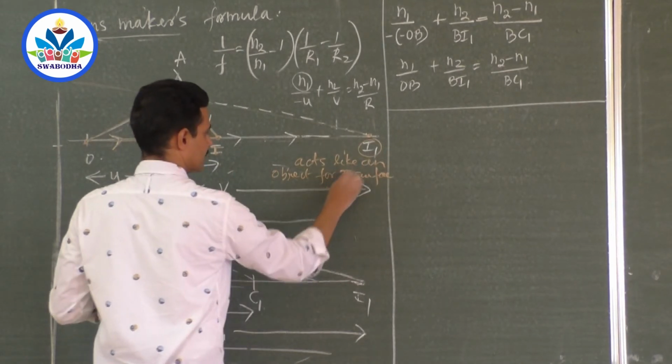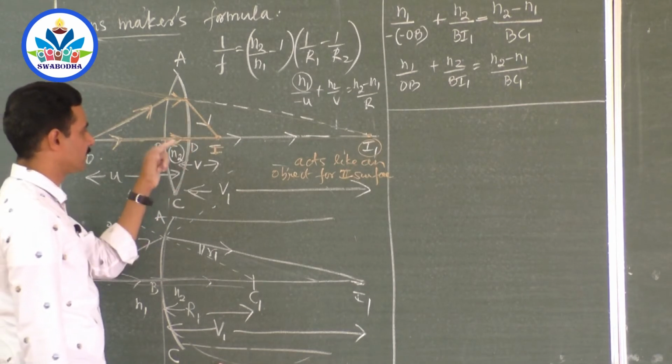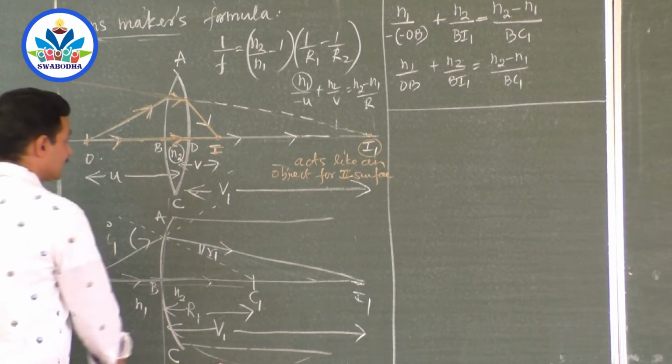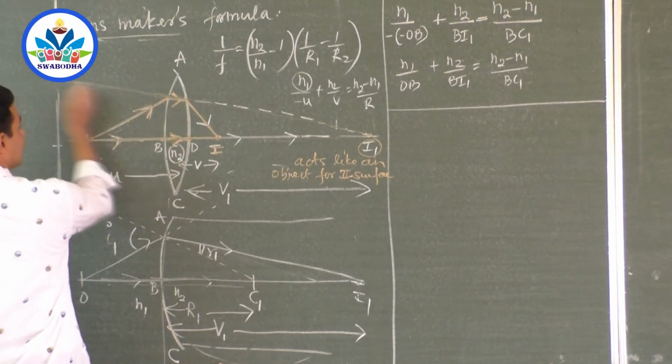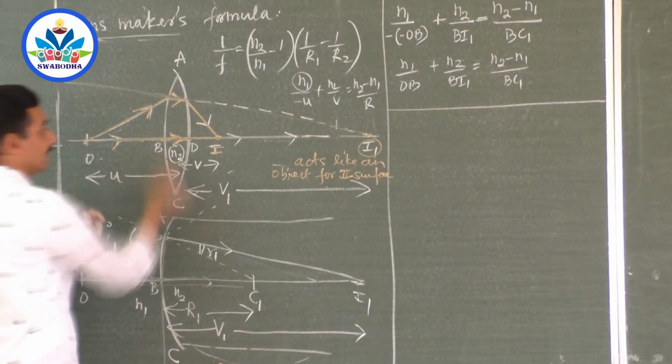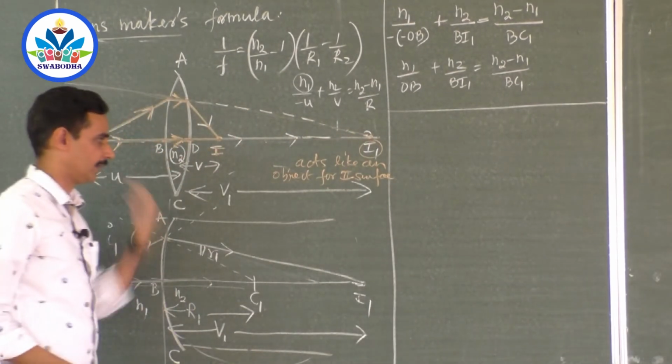For the second surface, this image formed by the first surface acts like an object, because the second surface, very poor guy, if it was putting the rays back, they never met, no object. At least we will take this as an object. If you produce it forward, you get an object here.